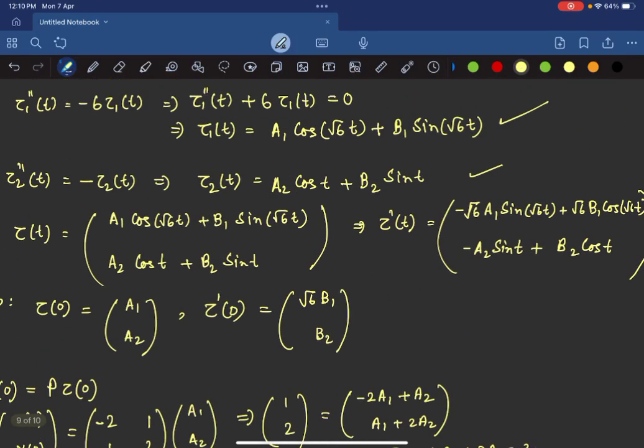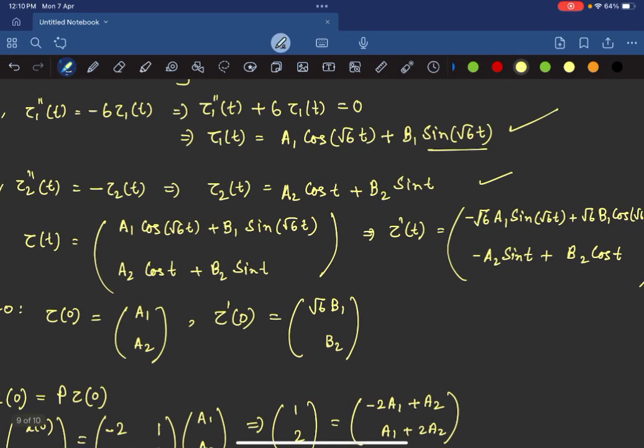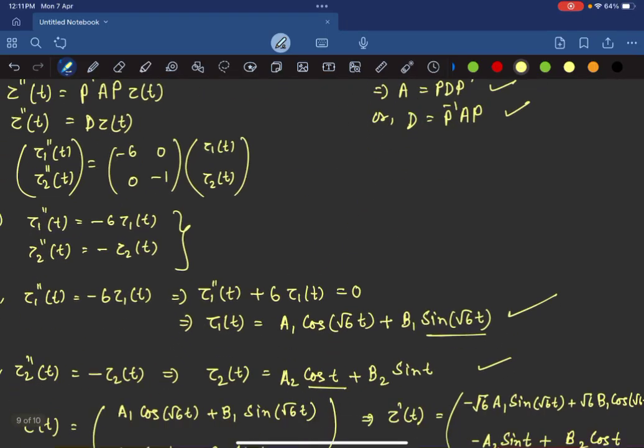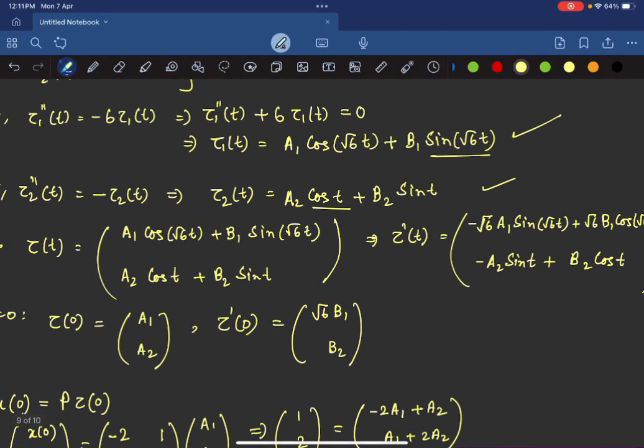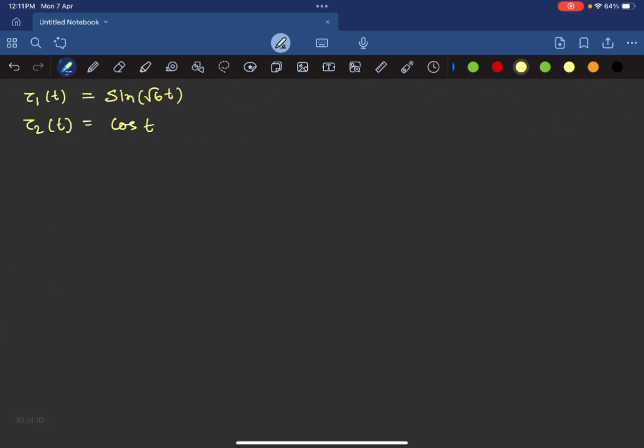So basically sine root 6t will be there, and here a2 equals 1, so cos t. So z1 equals sine root 6t and z2 equals cos t. Yes, b2 value already we got as 0. Now this is the final form for z1 and z2.